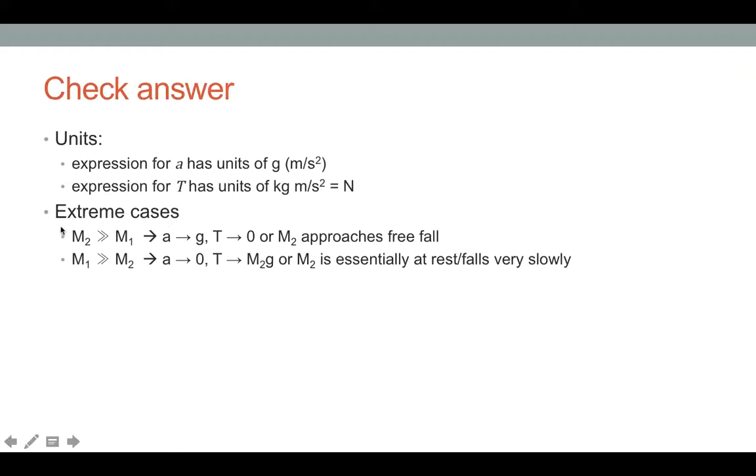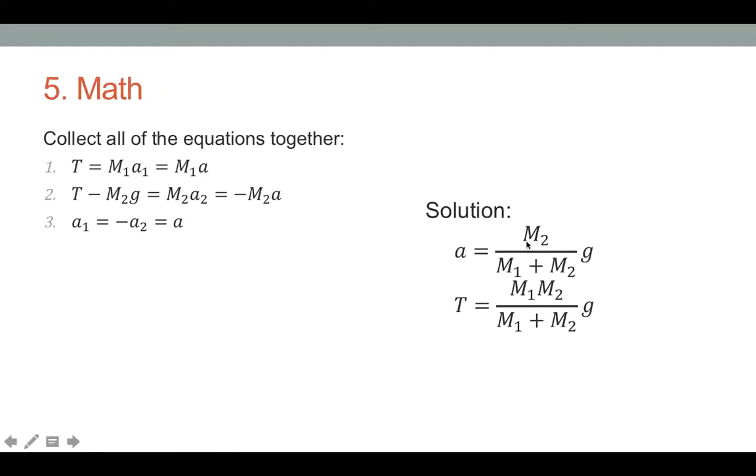Now, to double check them a little bit more, let's take some extreme cases. What if m2, the block hanging off the end, is very, very heavy compared to the weight of the cart? That means, in that case, the block should essentially just be in free fall and the tension should go to 0 because it's not being restrained by anything. So if we take m2 and make it very, very big, adding m1 down here on the bottom essentially won't do anything.